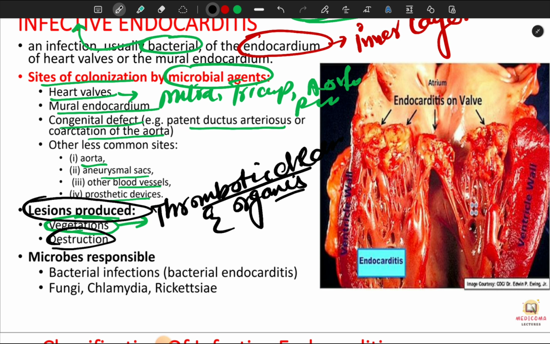Then we will discuss the microbes which are responsible for infective endocarditis. These include bacterial infection, fungal infections like candidiasis, and also rickettsial infection, and chlamydia can cause infective endocarditis.